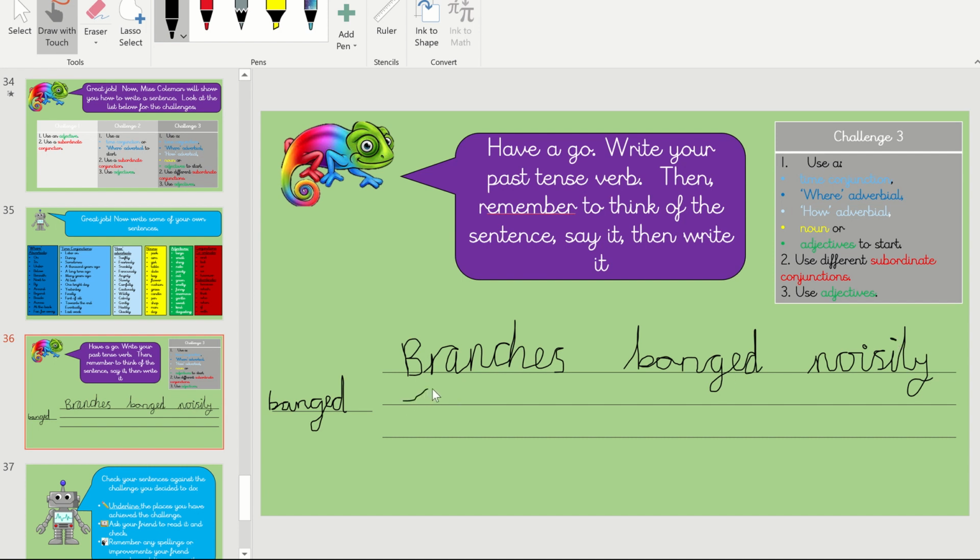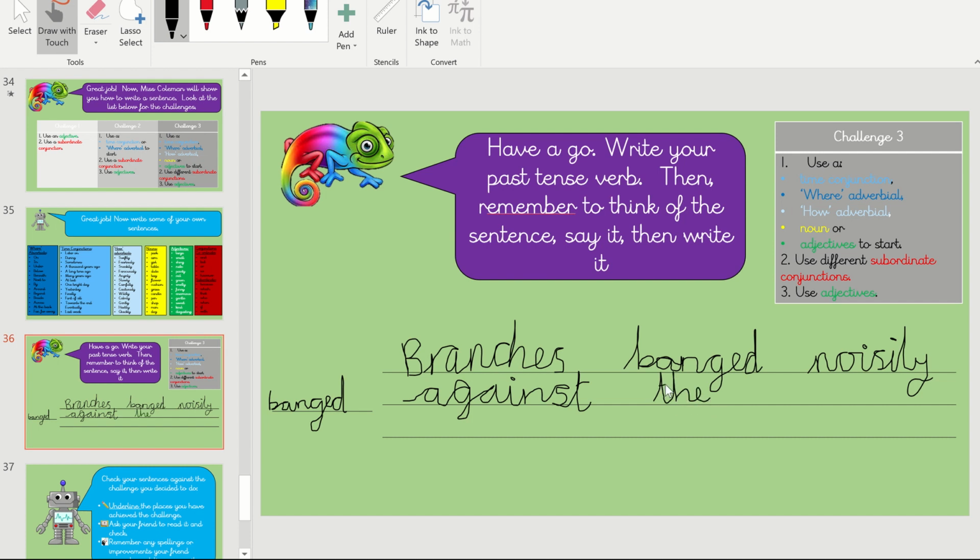Have a look at against. Look at what makes the sound in this one. Branches banged noisily against. The A and the I make the sound in against. Branches banged, that looks like bonged. Banged noisily against the window.